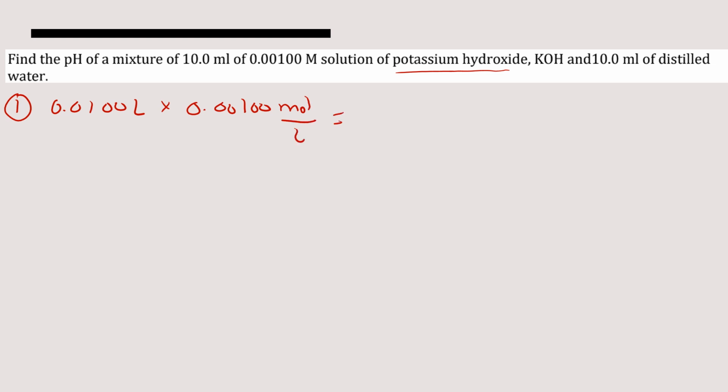So 0.0100 times 0.001. Just so we're clear, what we have is 0.000010, so 4 zeros, then 1 and 0, moles of KOH.